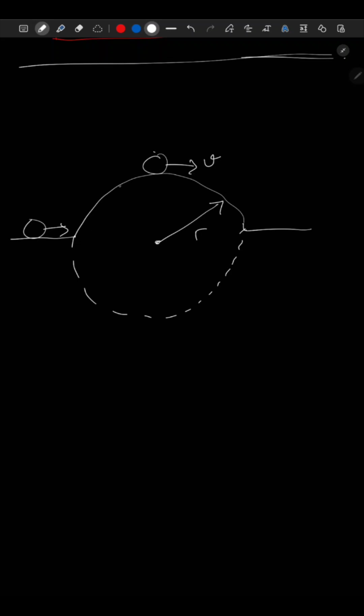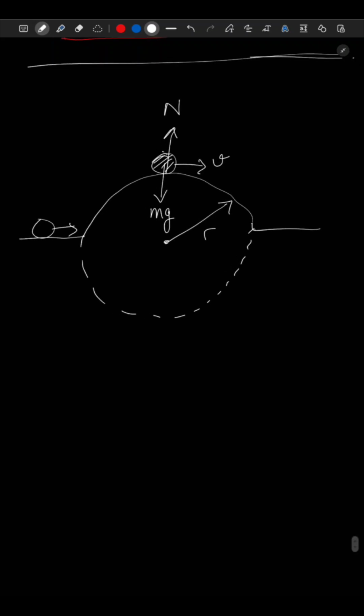So v is tangential to this circle, so to this bridge. Your car would have a mass and a weight, which is mg, and also there is a normal force acting in the opposite direction to the weight.